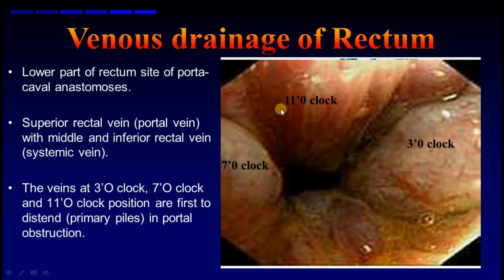So these veins are the first to get dilated, and they are called internal piles or primary piles. Mainly of the 6 veins, you are able to see these 3 are enlarged, whereas the remaining 3 in between are not enlarged. The first to enlarge are the 11 o'clock, 7 o'clock and the 3 o'clock position veins.